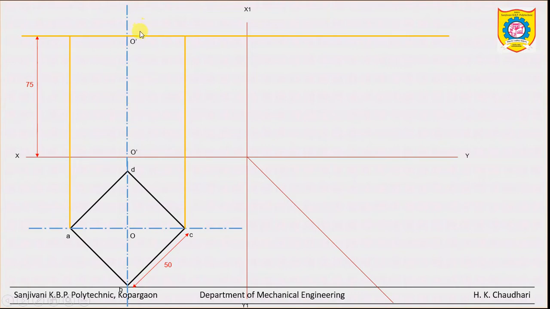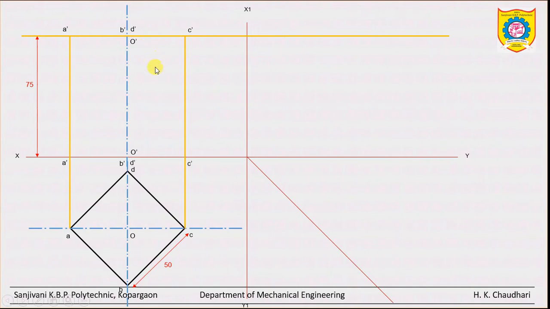Label the axis O dash O dash and the points on the top and bottom surface like A dash, B dash, C dash and D dash. For the top surface also A dash, B dash, C dash and D dash.